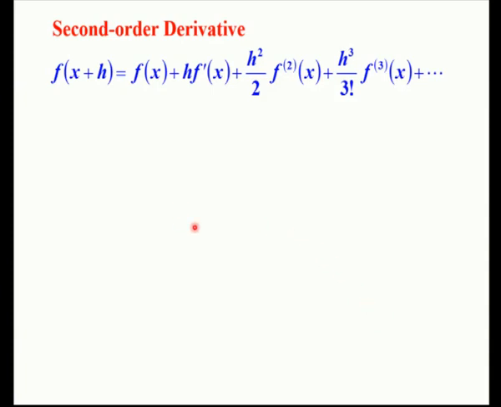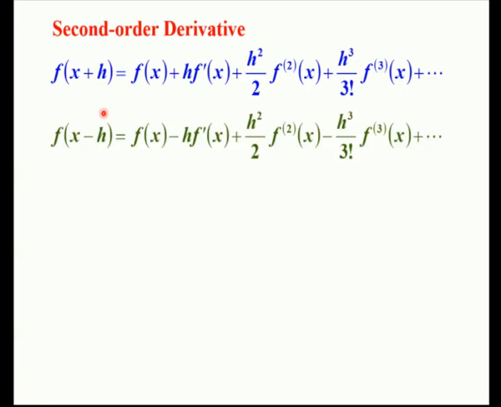So, we utilize the Taylor series of a function f around x with the increment x plus h. Knowing the function value at x and higher derivative values at x, you can compute the function value at the neighboring point, and similarly to the left neighboring point you can have another Taylor series.